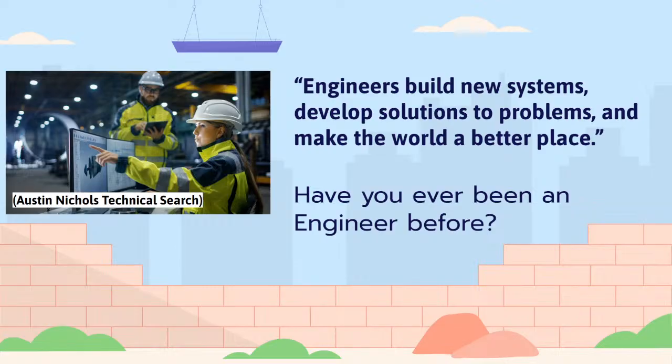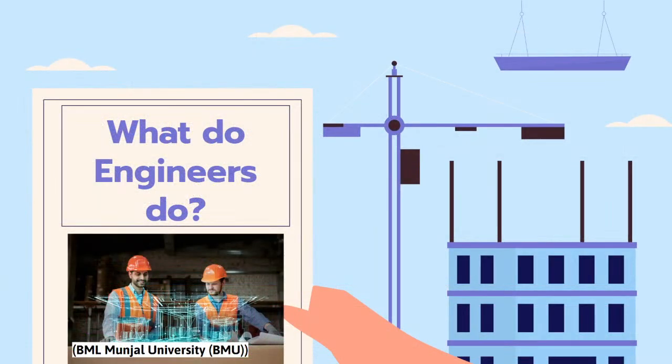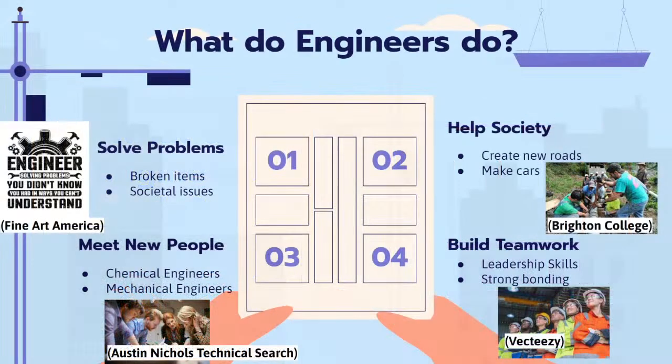All right, let's go. So now we're going to look at what exactly do engineers do. So engineers do so many different things. There's way more that they do other than what I have put on my slides.